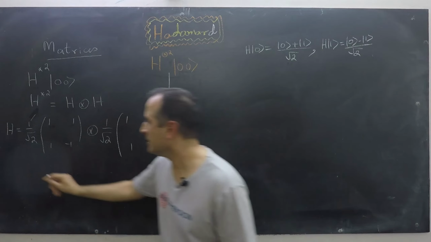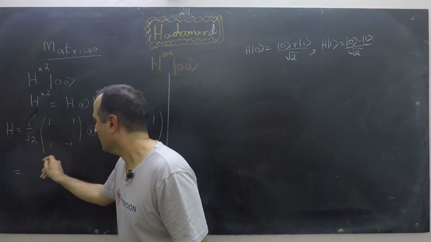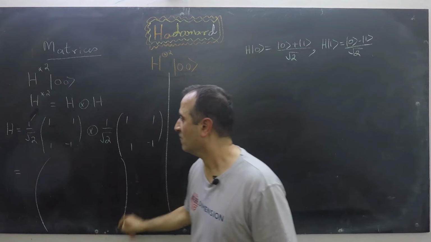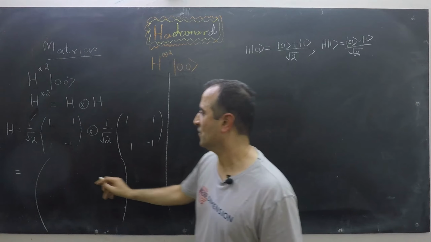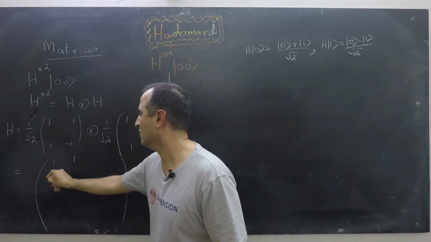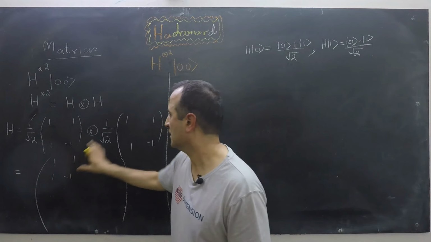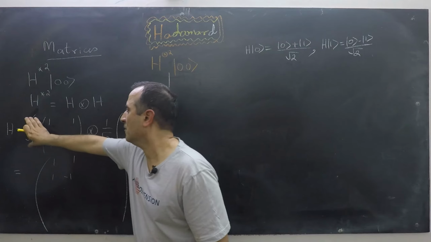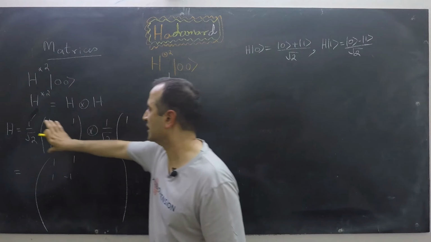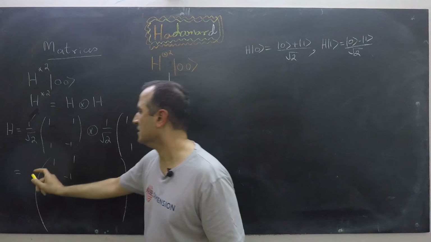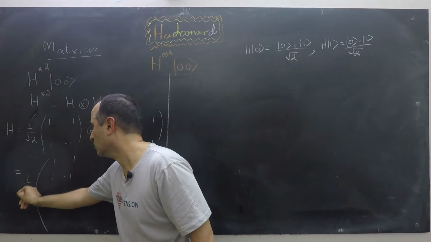So what we will get at the end is that when we multiply 1 with this whole matrix, we will have here 1, 1, 1, minus 1. So this here is this whole matrix. And these normalization constants will also multiply with each other, so we will have here 1 over 2.